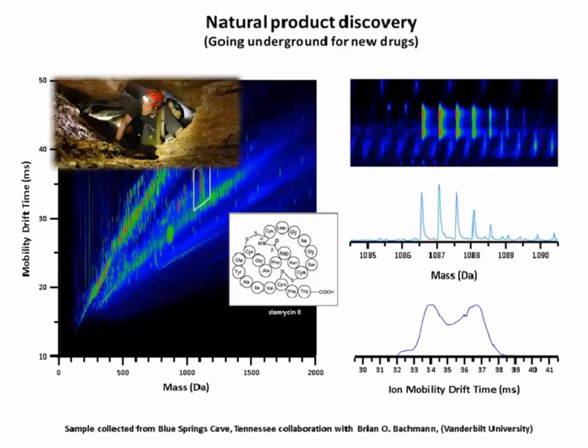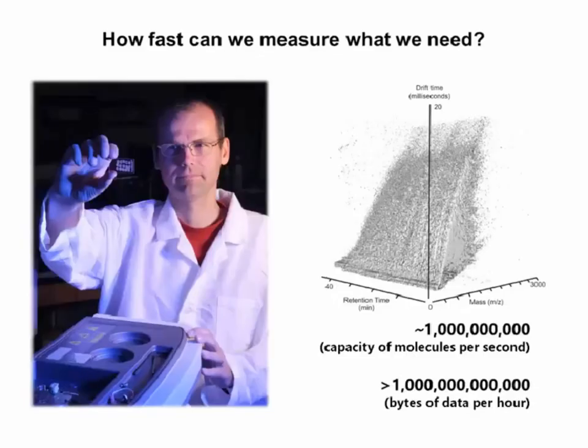So to give you a sense of where we've been, and then I can tell you where we're going now, what we do is we utilize ion mobility mass spectrometry as a high-throughput strategy for broad-scale molecular analysis. And so one of the first questions we have to answer is, can we measure what we need? And so with the ion mobility mass spectrometry approach, we have the capacity to measure close to approximately 1 billion molecules per second.